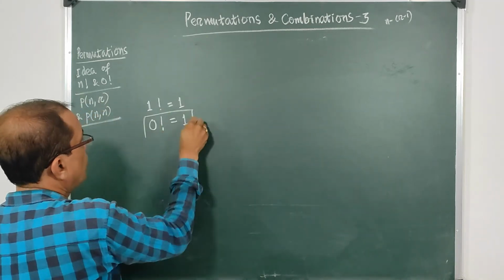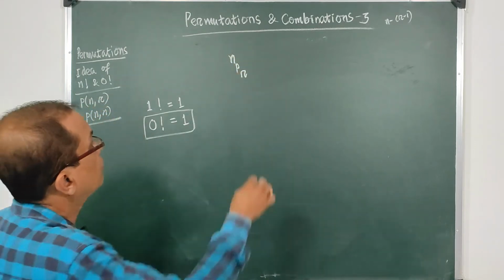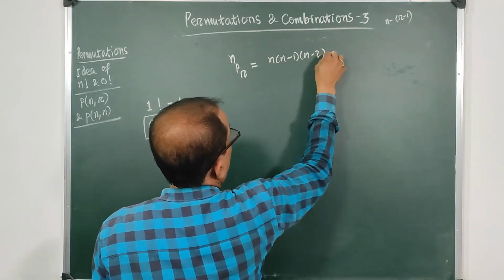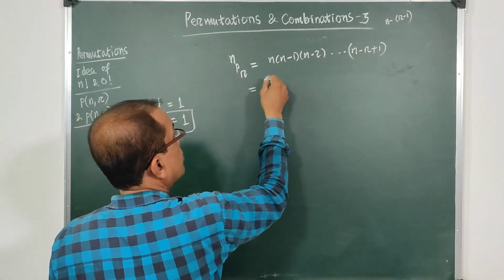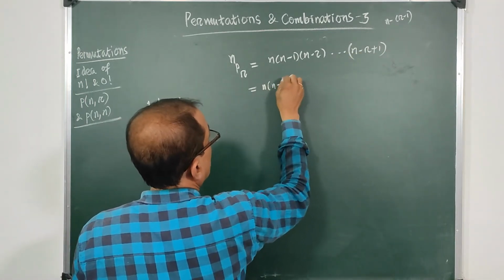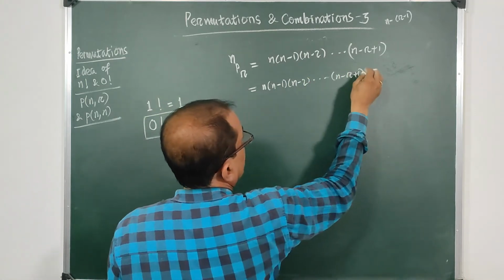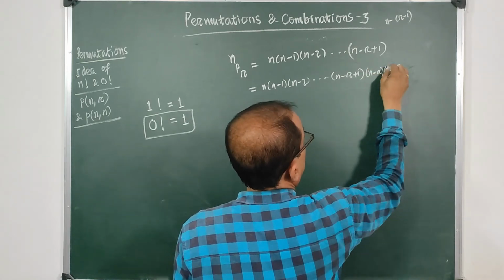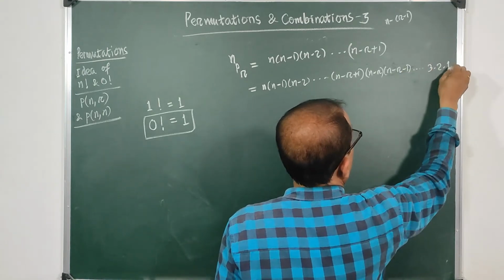For this we have to find the NPR formula once again. We have already found that NPR is n into n minus 1 into n minus 2 up to n minus r plus 1. And if I do not stop here and continue going up to 1, suppose I continue reducing every time by 1, then I have to write n minus r, then n minus r minus 1, and in this process finally I will stop at 3 into 2 into 1.